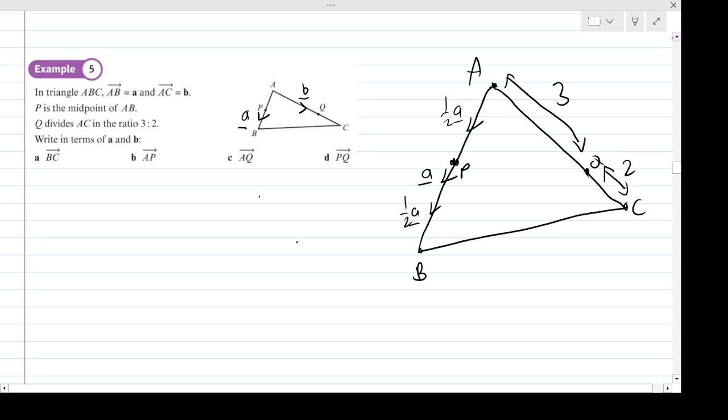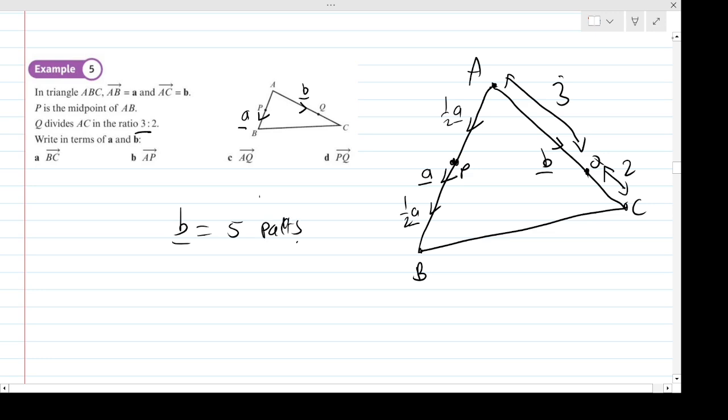Well, overall, we know that it's 5 parts then, right? And we know overall, as you can see here, the length of AC is b. So b represents 5 parts.